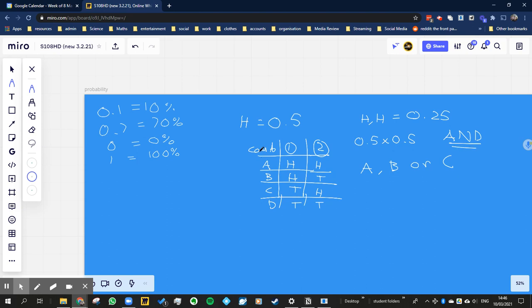Now we're using or: the probability of me getting at least one head, which is A or B or C. And we know the probability of each one is 0.25.